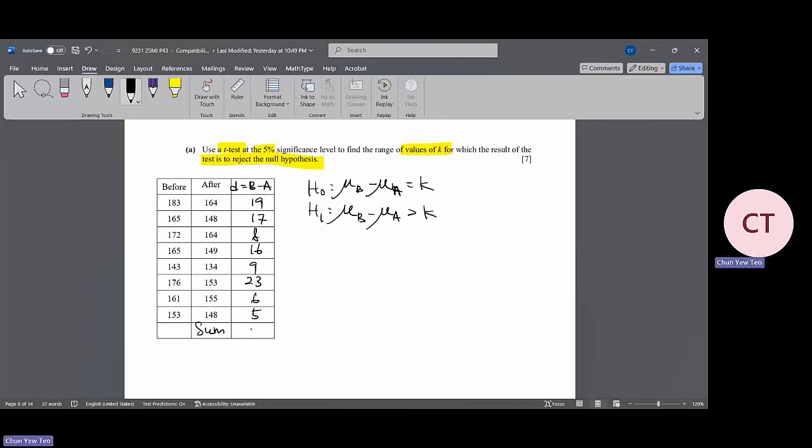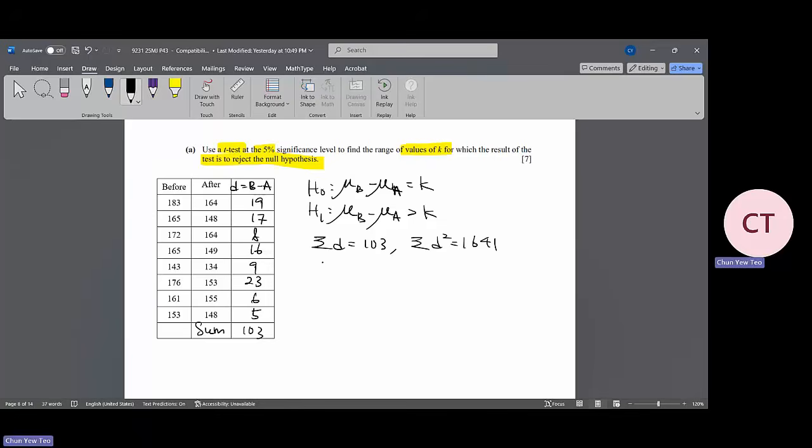The total over here is 103. So I have the sum of D, and the sum of D squared is equal to 641, directly from the calculator.